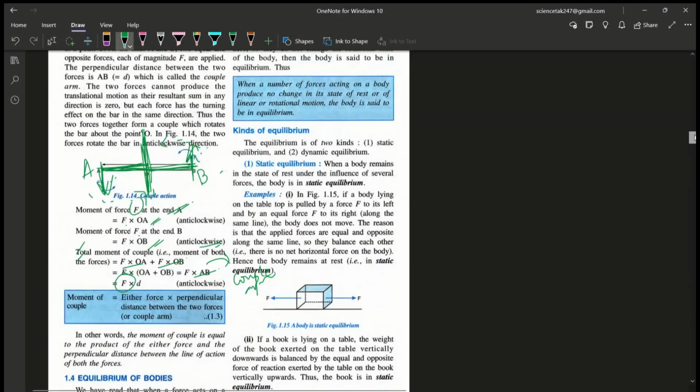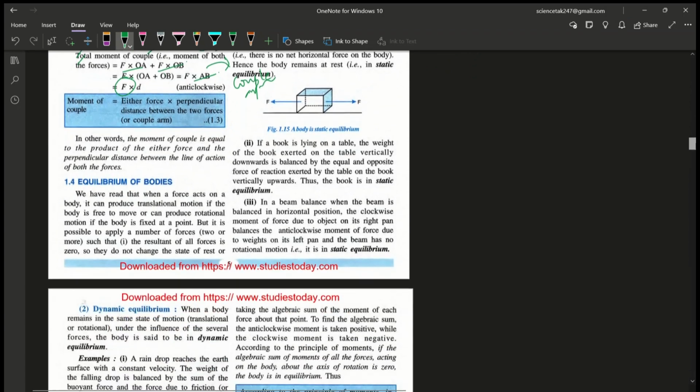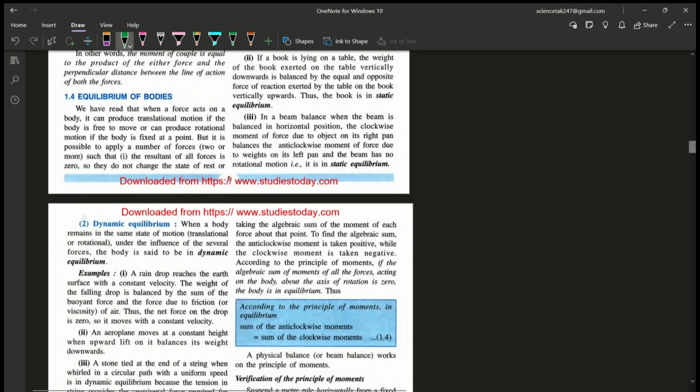Oh, we've already gotten into equilibrium. Now, equilibrium of bodies. If you're going to talk about equilibrium, what is equilibrium? That is, it is going to have stability, right? Equilibrium is stability. When a force acts on a body, it can produce translational motion, right? If the body is free to move, or it can produce rotation.